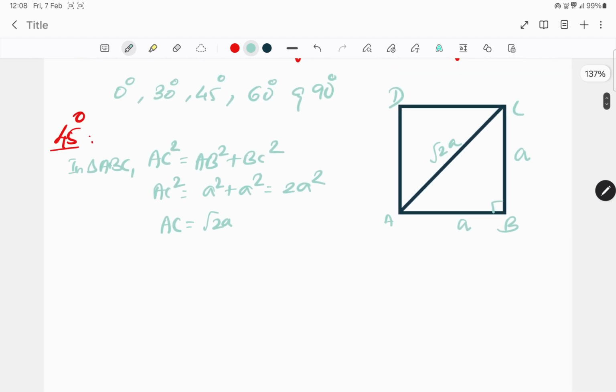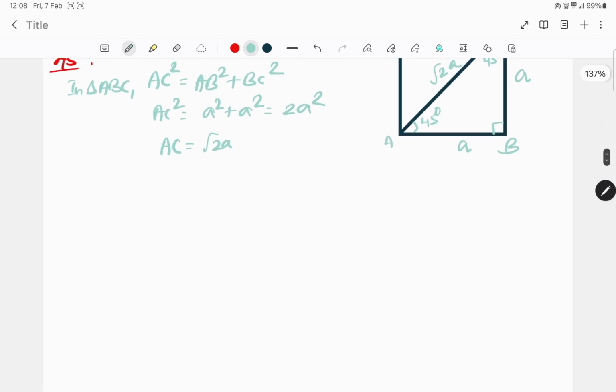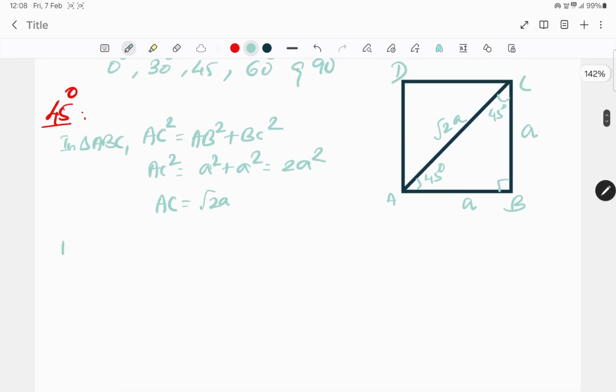Now the diagonal bisects the angle, you know that. Then this angle is 45 degree and this angle is also 45 degree. Then take this triangle ABC. Angle CAB is 45 degree, right?